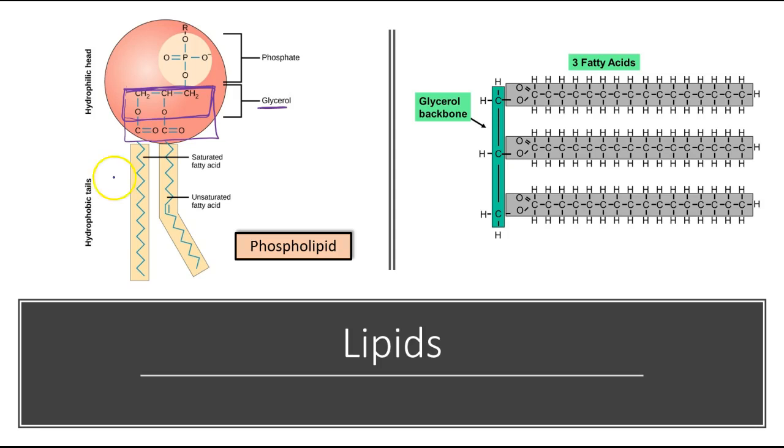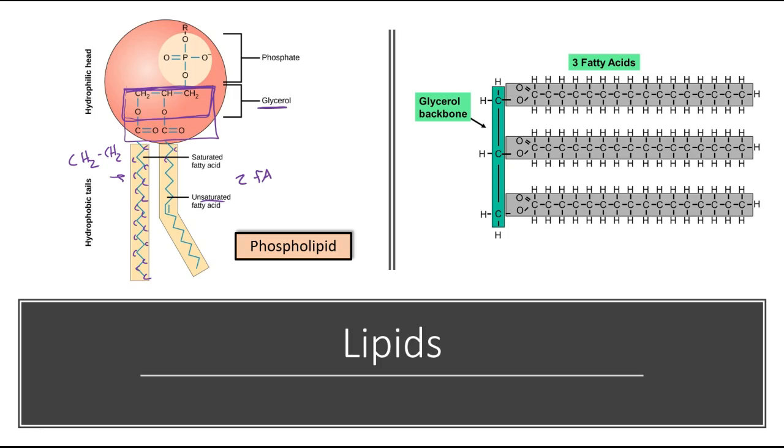Okay, these fatty acids are repeating CH2s. And so this would be a carbon, carbon, carbon, carbon, carbon all the way down. Notice that in some of these fatty acids, there's a double bond, which makes it unsaturated. We're going to talk about unsaturated versus saturated in a little bit. But for now, notice that two fatty acid chains make up a phospholipid.